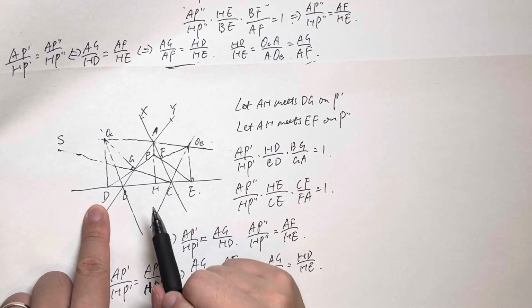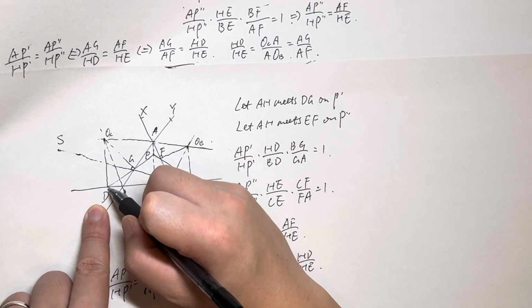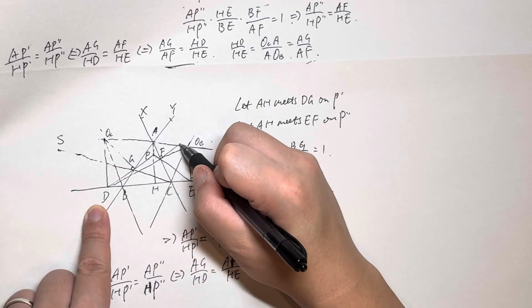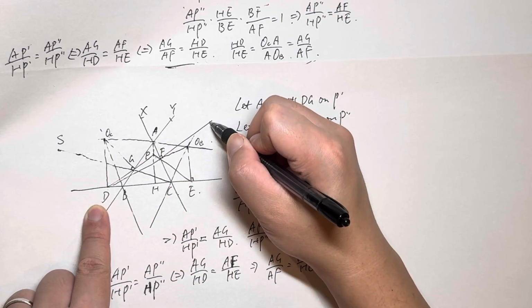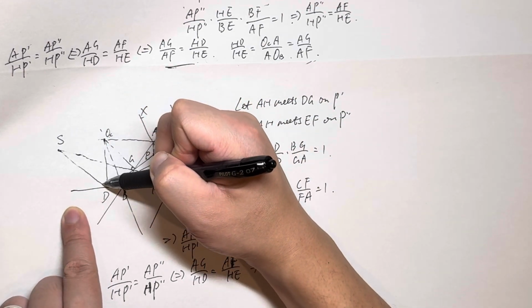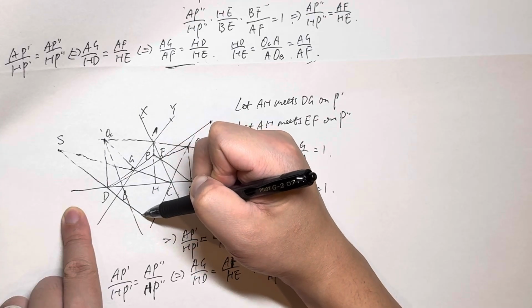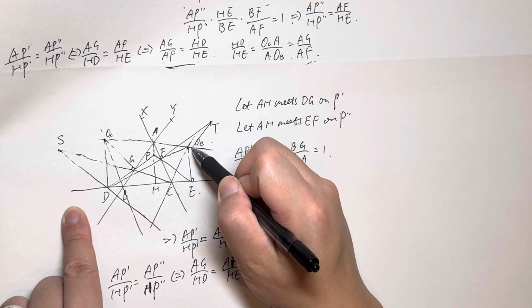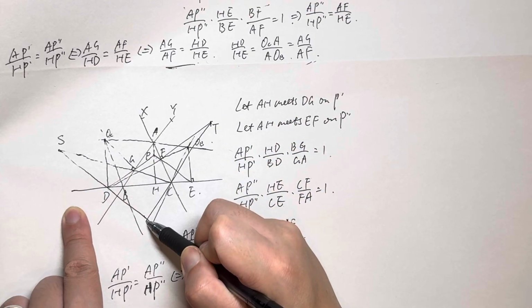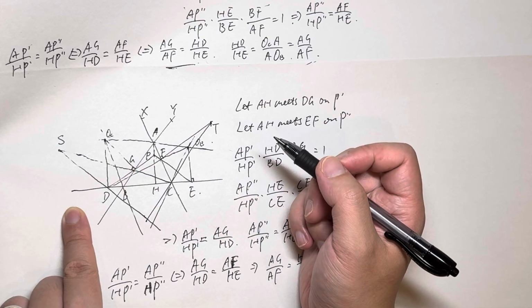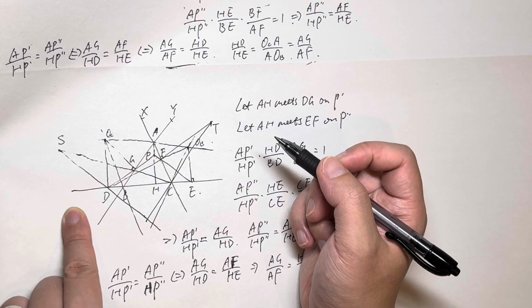And if we extend DF, right? Extend DF, it meets circle OB at a point, let's call it T. Then we want to prove that the intersection point of SD to, let me see, did I make something?